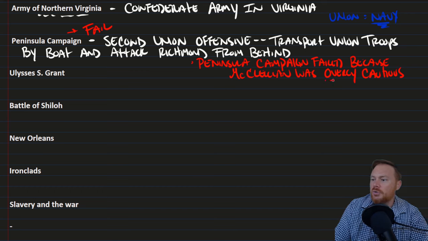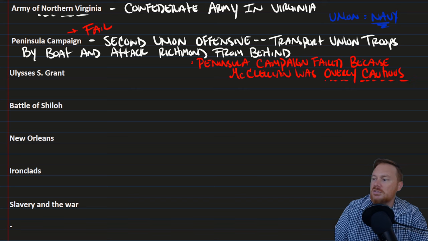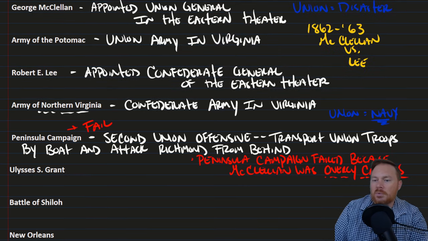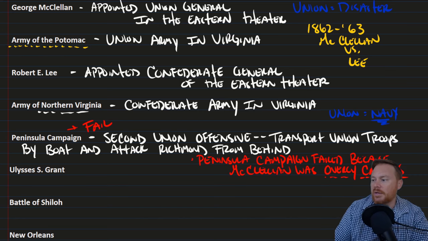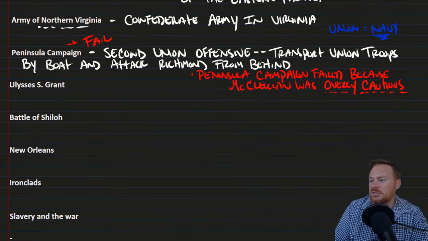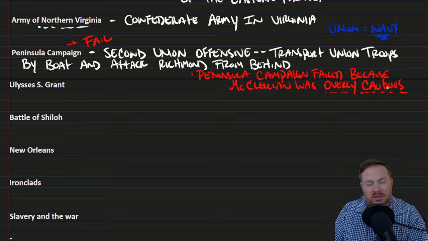And so when we think about McClellan's name, it becomes somewhat synonymous with the fact that he just didn't press the advantage. Here he has in the Army of the Potomac, again, what we might consider one of the most formidable fighting forces ever to set foot on planet Earth. But this overly cautious approach, not wanting to send his soldiers recklessly into battle, believing the Confederate army was way, way bigger than it was, it simply just takes too long.